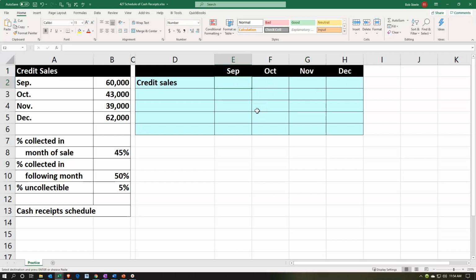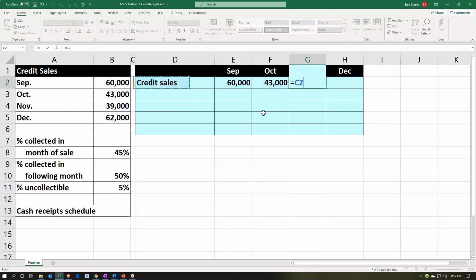So we're going to say, all right, the credit sales, these are the credit sales we can imagine actually happening for September, because we're imagining September has passed, or close to it at least. And then October, we're projecting out 43,000 credit sales. November, we're projecting out 39,000 credit sales, and December, 62,000.